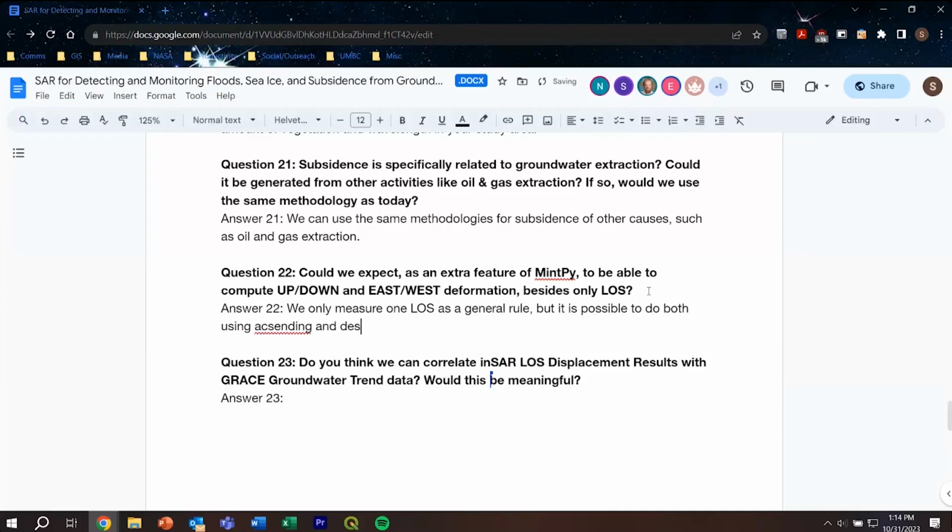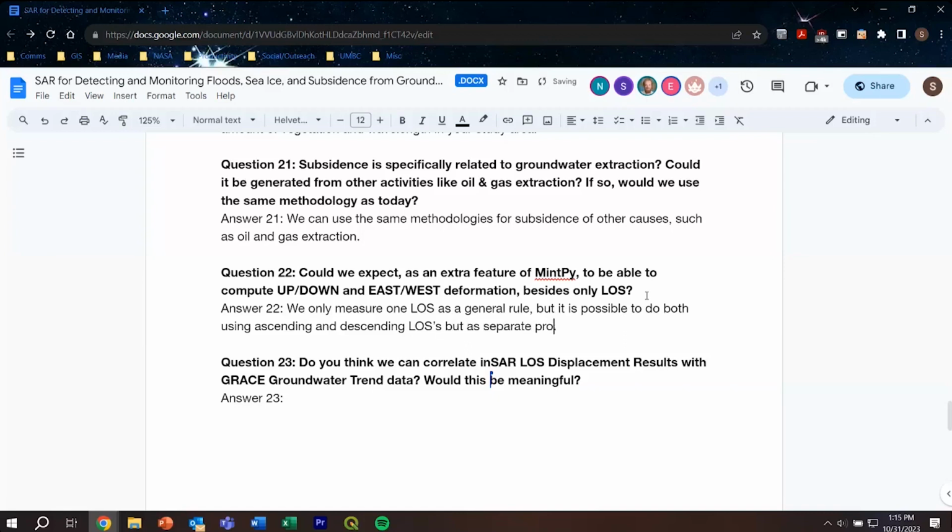So those look in opposite directions and therefore give different line of sight information that can be combined to estimate these two components. But you have to process the two tracks separately and then combine the resulting line of sight velocities.